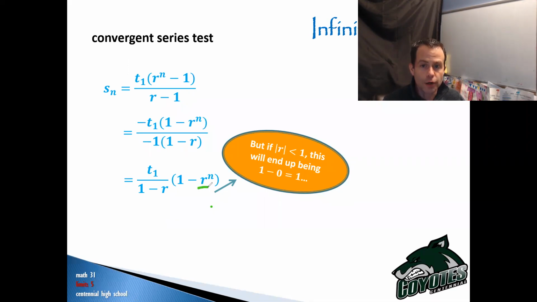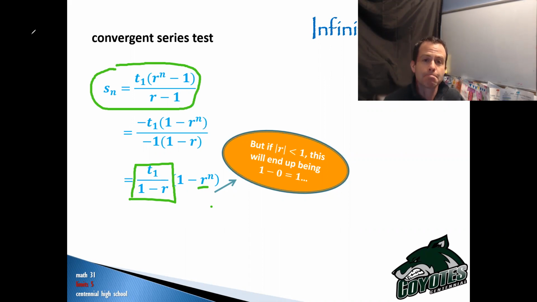Which means your take-home message here is, when the absolute value of r is less than 1, when I have a convergent series, I'm left with this. And that is the infinite summation that we gave you in grade 11. That's where that formula comes from. It really is derived from this.